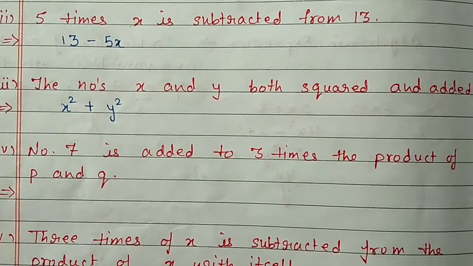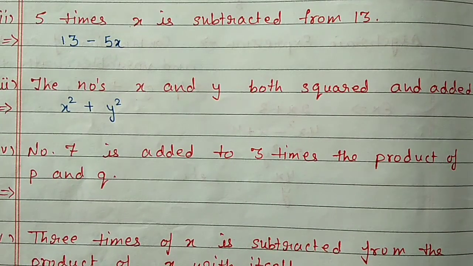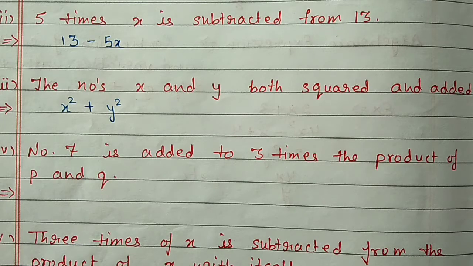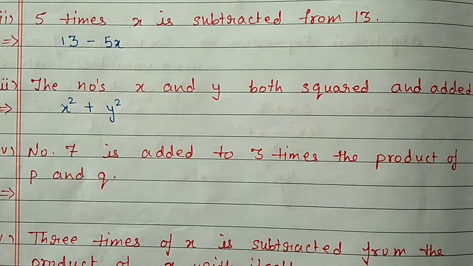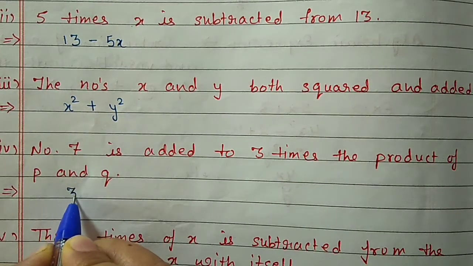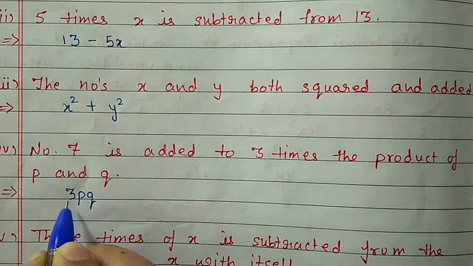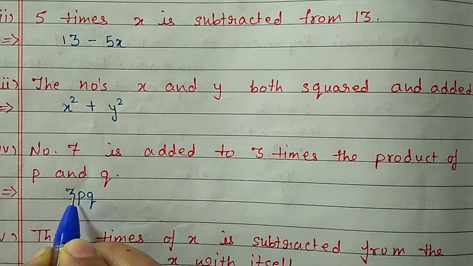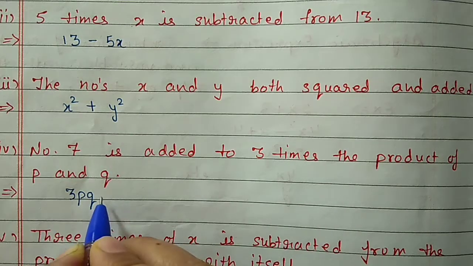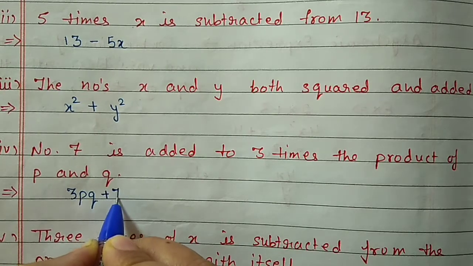Next, fourth part. Number 7 is added to 3 times the product of p and q. So number 7 we have to add to 3 times the product of p and q. Product means multiplication, and 3 times is also multiplication, so 3pq. This is the product of p and q, and 3 times means with 3, and we have to add 7.